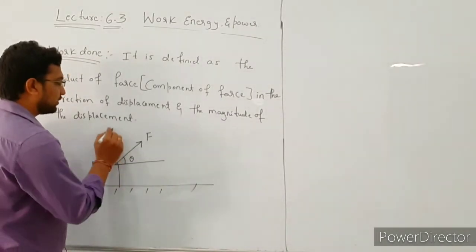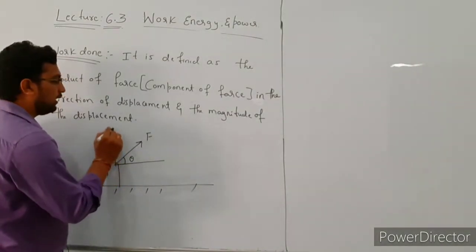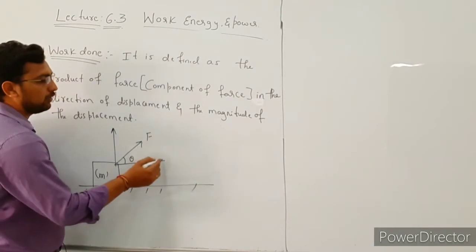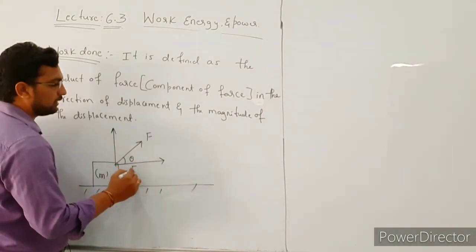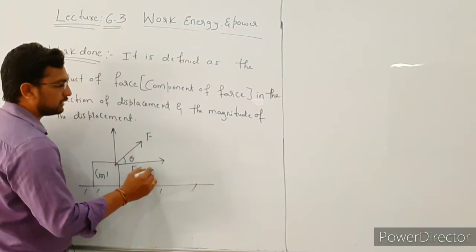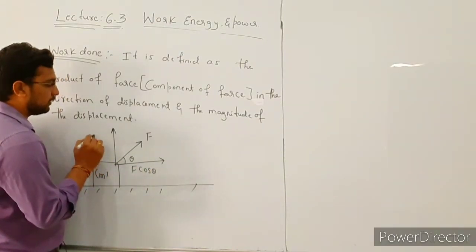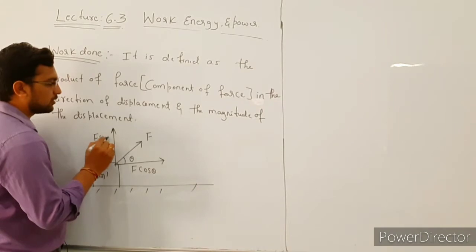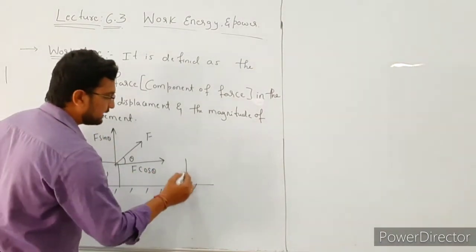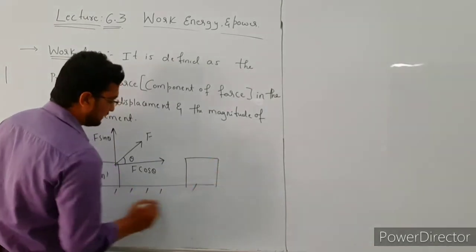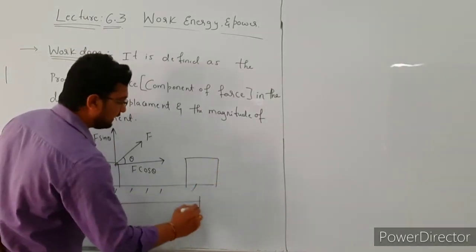Then this force can be resolved into two components, one is a horizontal component and one more is a vertical component. The horizontal component's value is F cos theta, and the vertical component is F sin theta. Due to this horizontal component, the body displaces through a certain distance. Let us assume that distance is S.